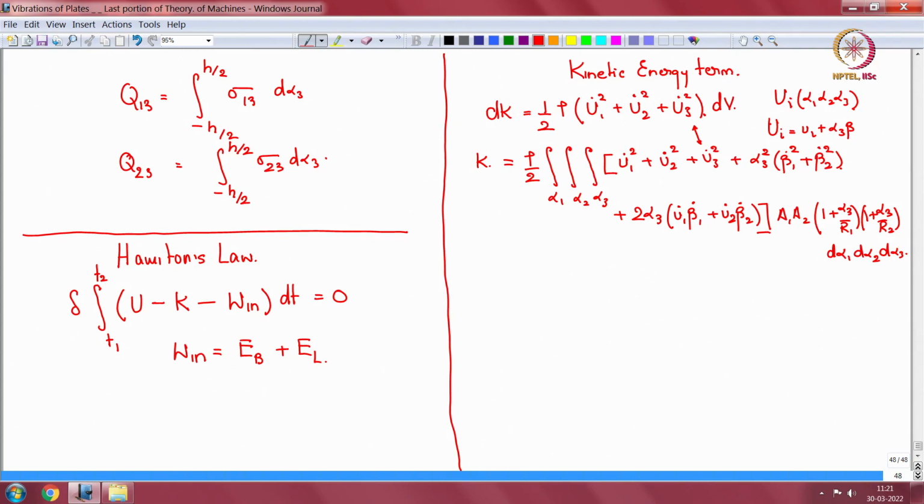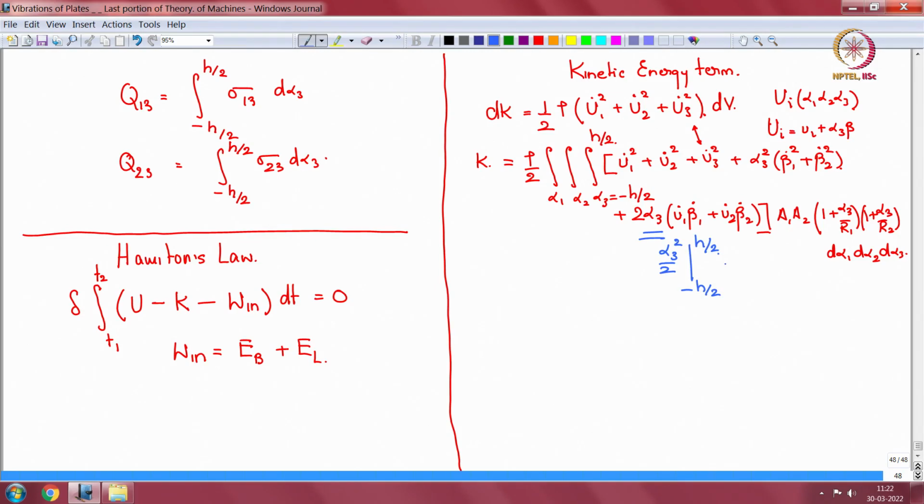Now if we do the alpha 3 integral, which is from minus h by 2 to h by 2, only this term carries alpha 3. So it becomes alpha 3 square by 2 over the limits minus h by 2 to h by 2.